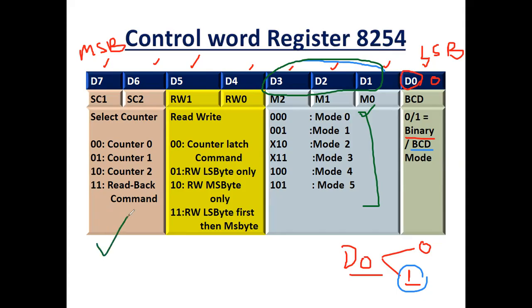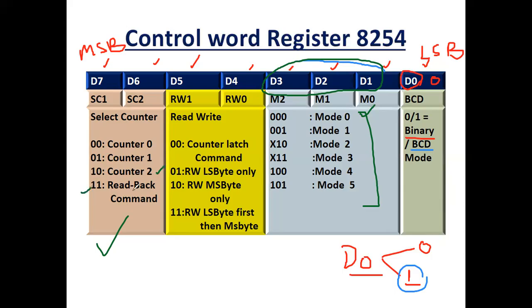And the last one is the counter selection. D6 and D7 bits decide the counter number. So D7 is SC1 and D6 is SC0. If the value is 00, counter 0 will be selected. If the value is 01, then counter 1 will be selected. If the value is 10, then counter 2 is selected.